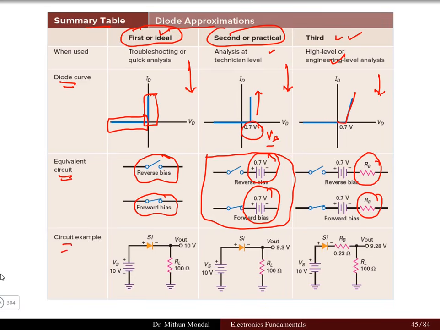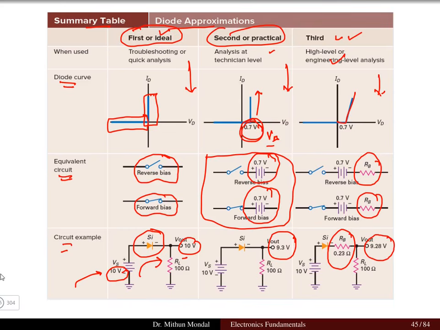Suppose we give 10 volt at the input side and we have an ideal diode. At the output we will get 10 volt under the forward bias condition, so all the voltage appears at the output. If we take the barrier potential of 0.7 volt into account, then at the output we will get 9.3 volt. If we take the bulk resistance also into account, then in the practical case we will get 9.28 volt.